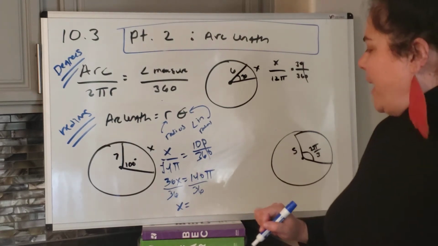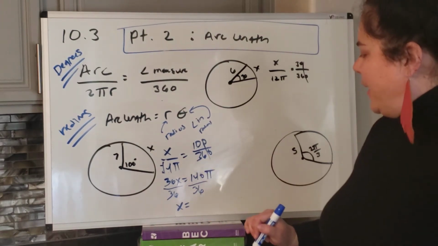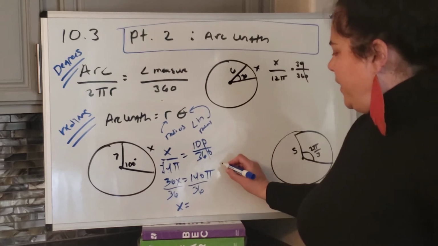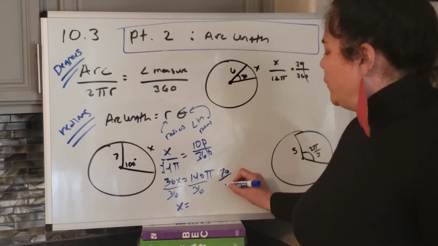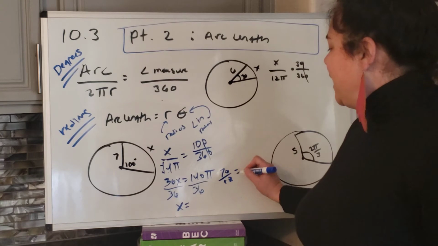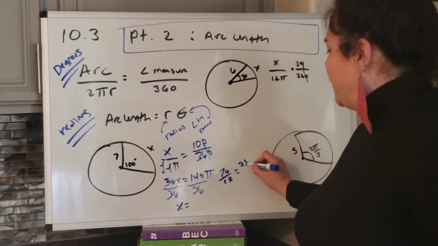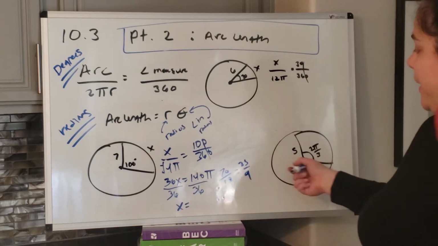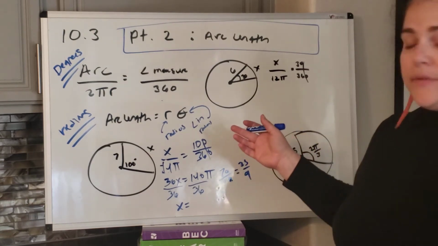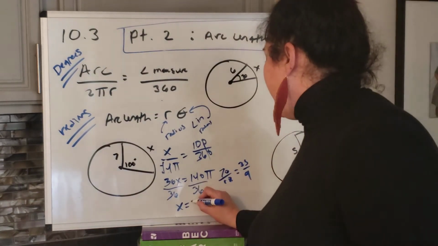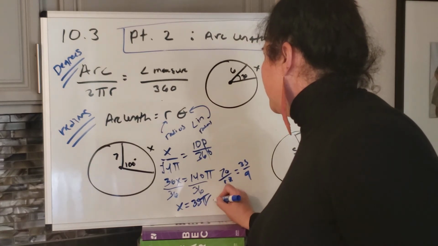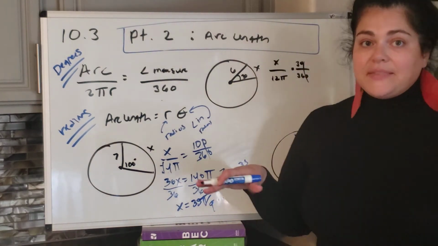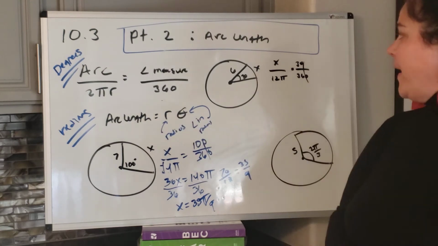So if I take a 2 out of 140 and a 2 out of 36, what I'm ending up with is 70 over 18. Taking another 2 out is going to give me 35 over 9. I'm good. So I've got 35 pi over 9. And that's it. That is my arc length for there.